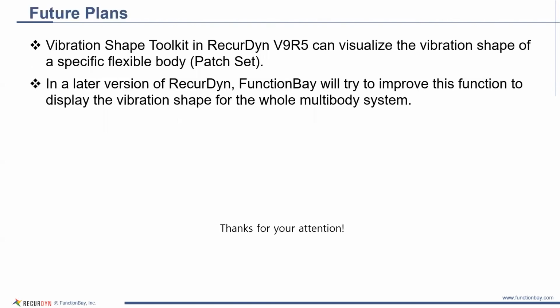And then as far as future activities, with this release in V9R5, we can work with a particular patch set, but in the development plans are to add capabilities to actually look at the vibrational shape for the entire multi-body system.